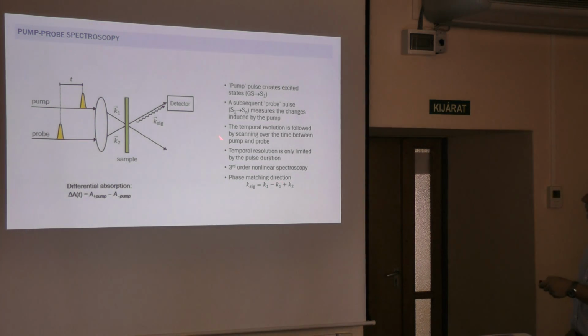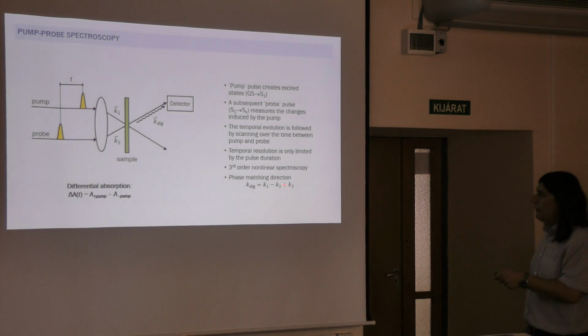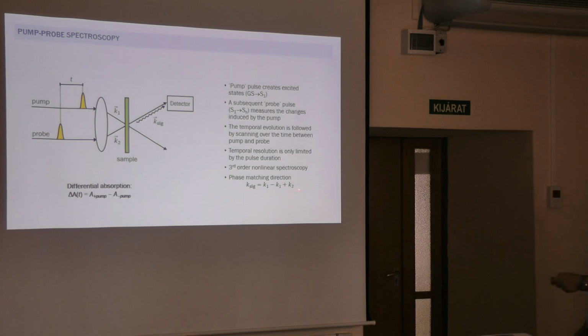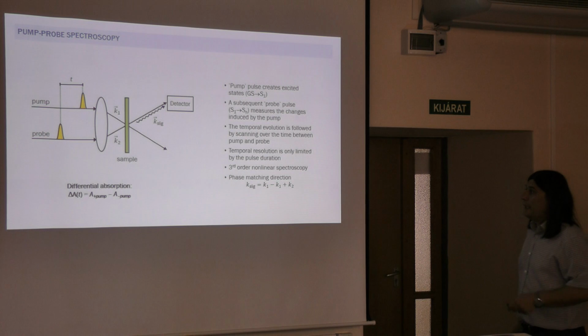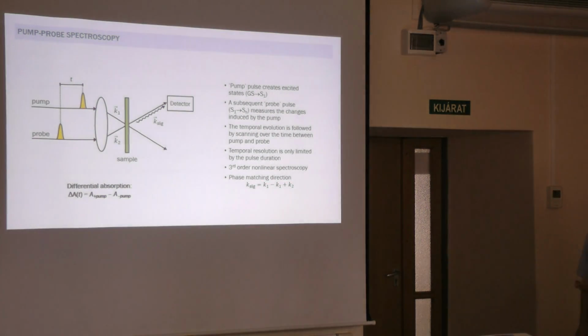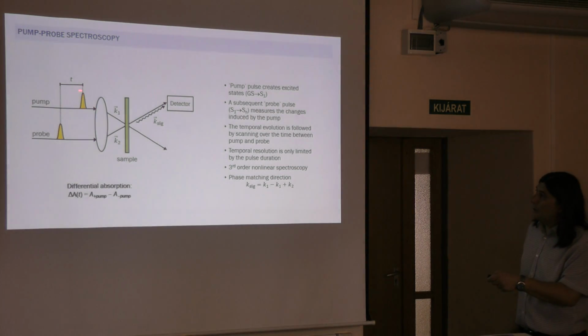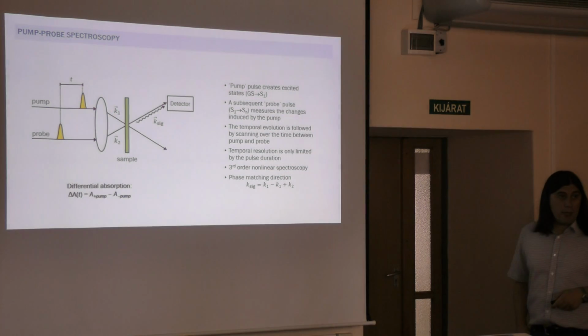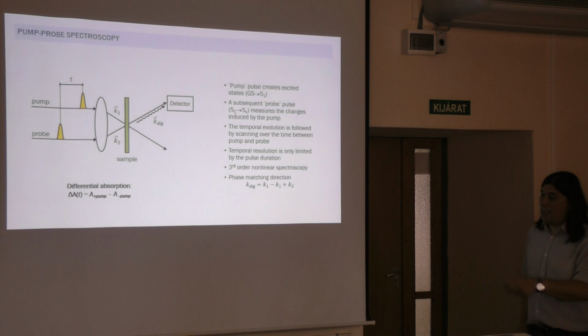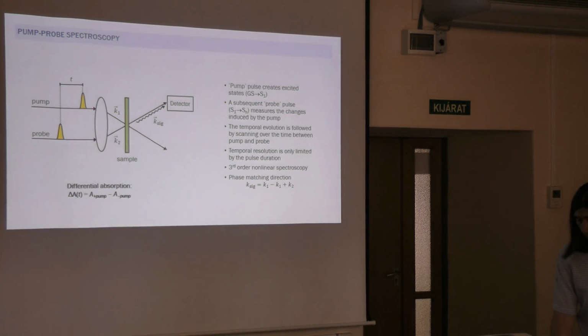K1 is the pump, K2 is the probe, and the signal is equal to K2, so it is K1 minus K1 plus K2. All right, this one cancels. What we have is three laser fields, or three interactions: two times the system interacts with the pump, and one time with the probe. Okay?